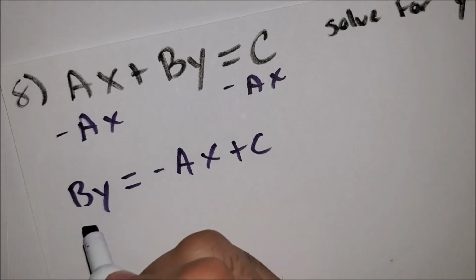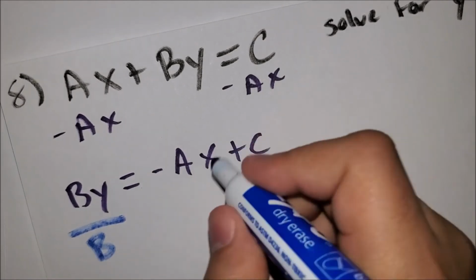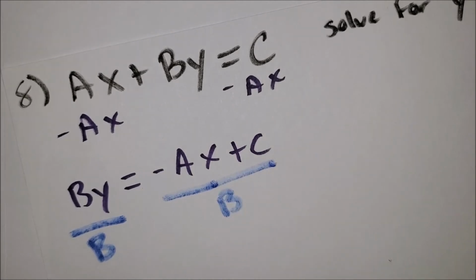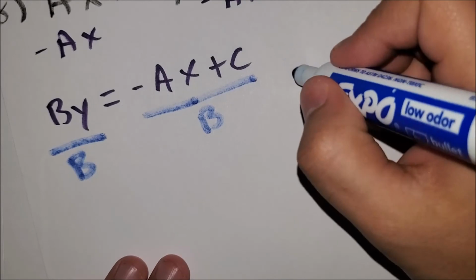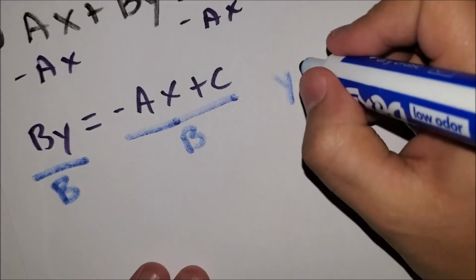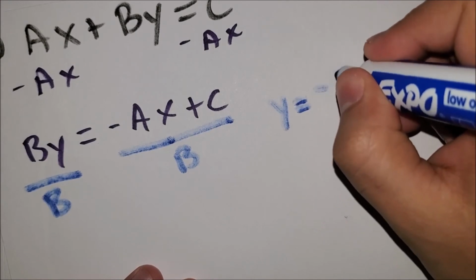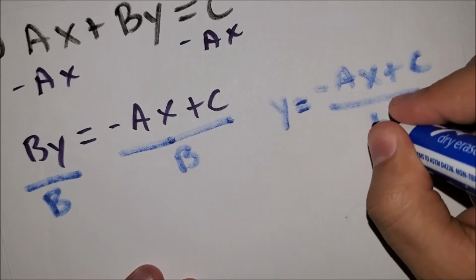Then you're going to divide both sides by b. What this gives you is y equals negative ax plus c over b.